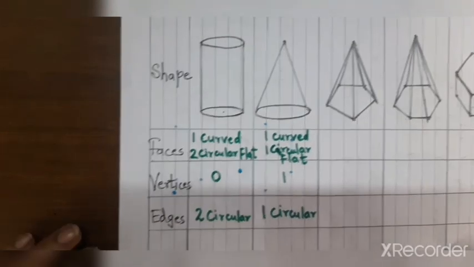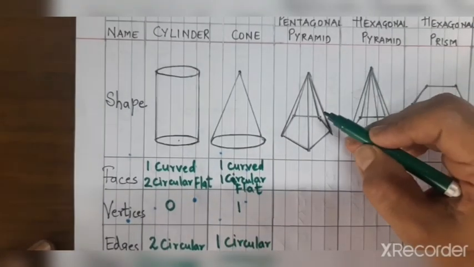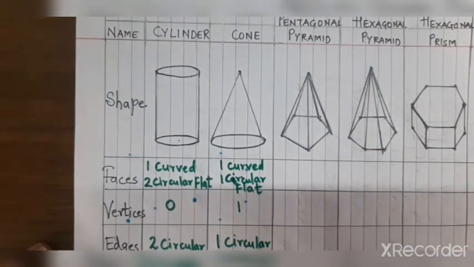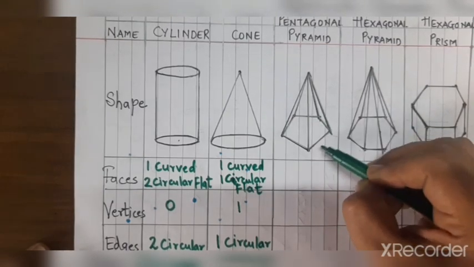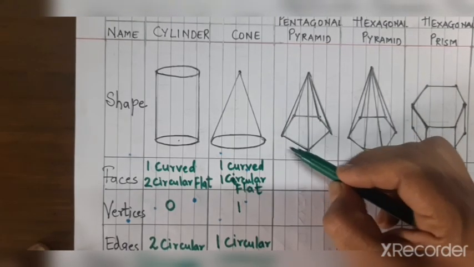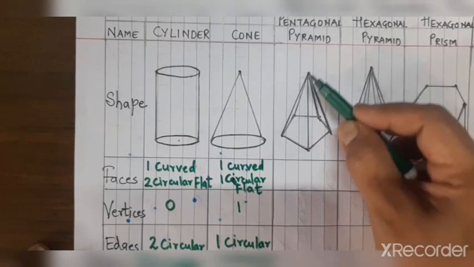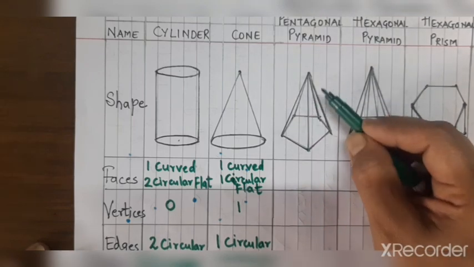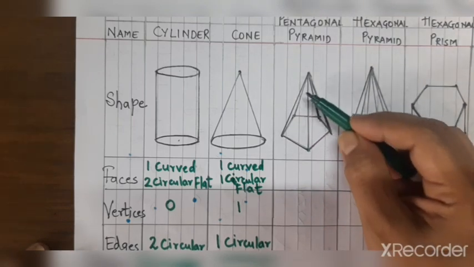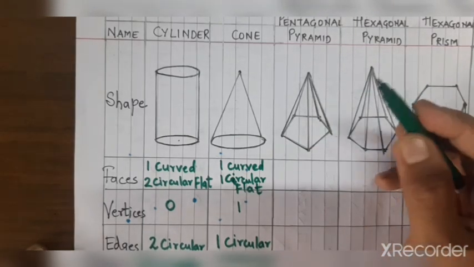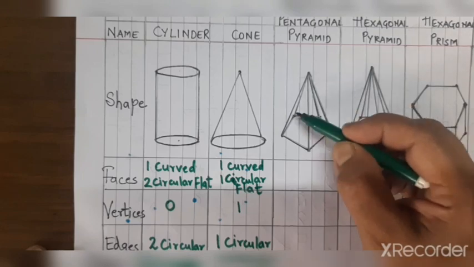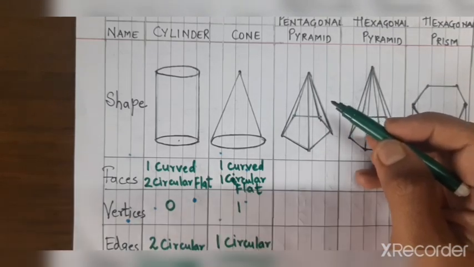Okay. Now the third one, pentagonal pyramid. So pentagonal pyramid means there are 5 sides at the bottom. These 5 sides at the bottom will also, you can see here, have slanting lines at the top and they meet at a point. Okay, so we count the faces. Standing 5 faces and down at the bottom 1 flat face.